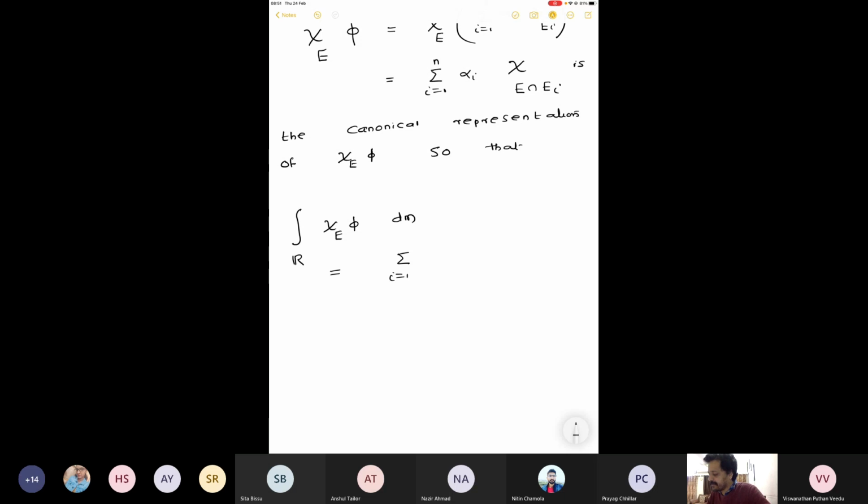Summation I equal to 1 to n of alpha I. Can you complete? Measure of E intersection E_I. Do you agree? Yes, sir. Once I have a canonical representation of a simple function, I can write its integral. Okay. Now, please keep in mind that chi E times phi is non-zero only on E.